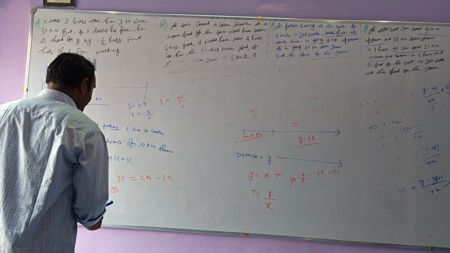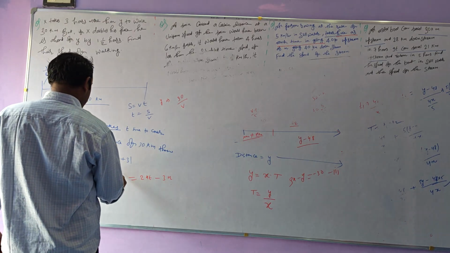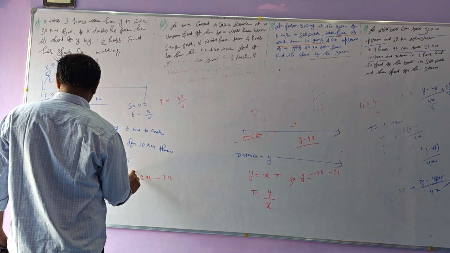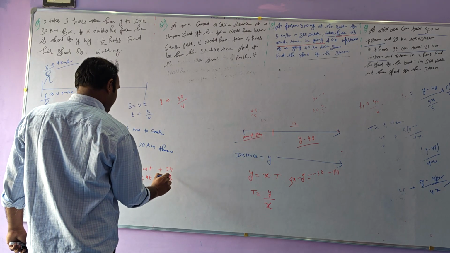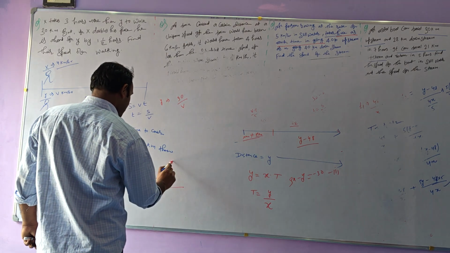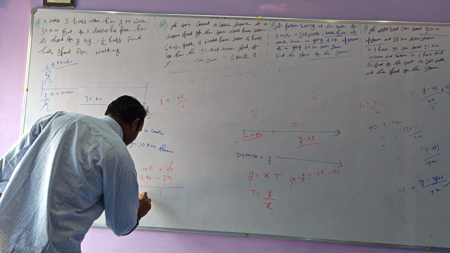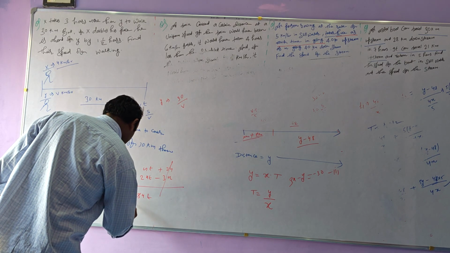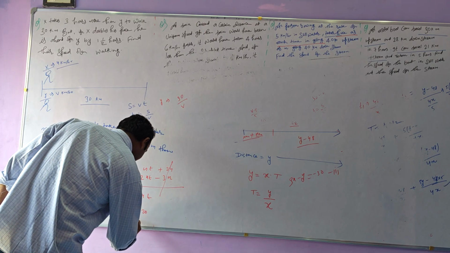When we compare, 30 is equal to ut plus 3u, cancel out, ut becomes 20.